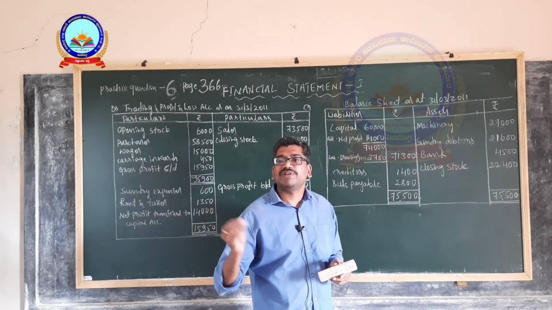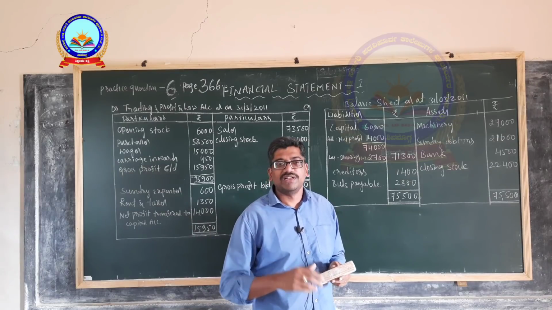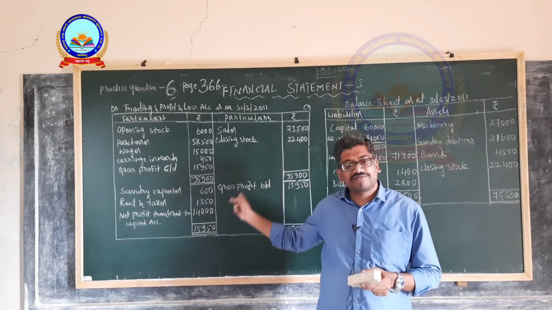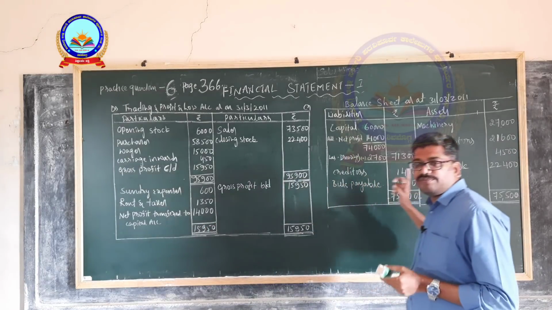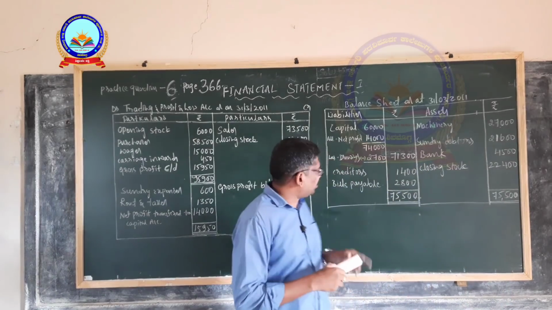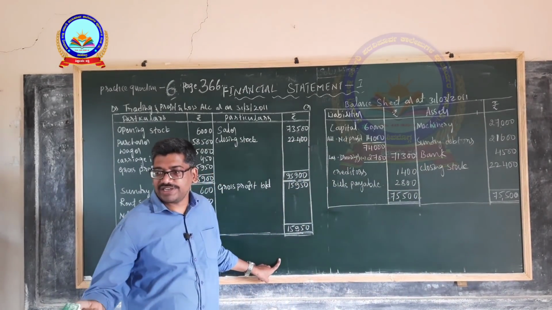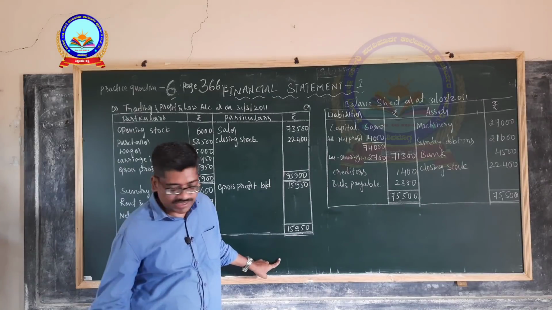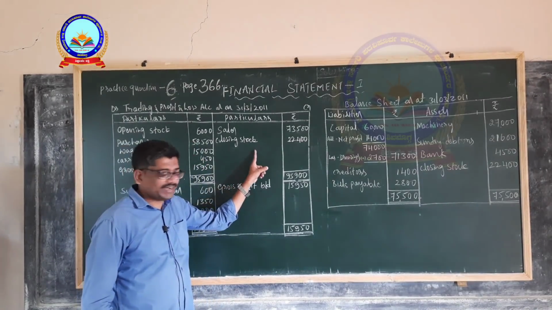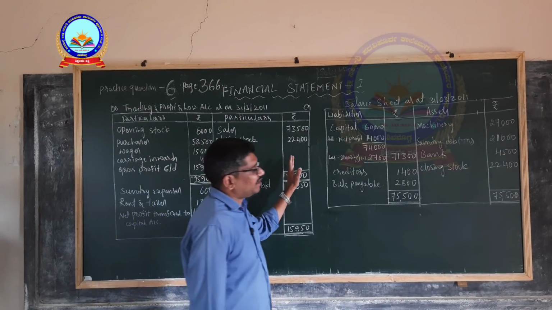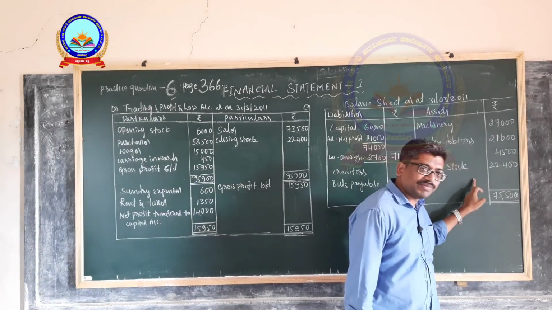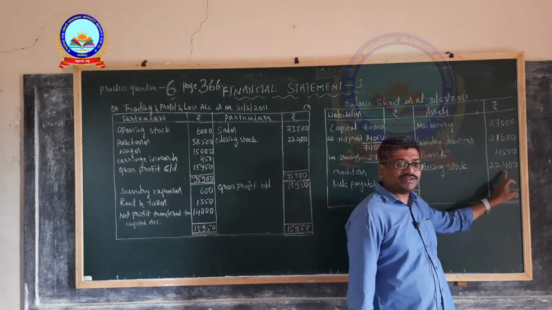All the items that appear as adjustment in the trial balance will find a place in two accounts, one in the trading and profit and loss account and another one in the balance sheet. So as a rule, the closing stock was given in the problem after the trial balance. Therefore the closing stock is first recorded in the trading account on the credit side, and now we are recording the closing stock as an asset in the balance sheet, rupees 22,400.